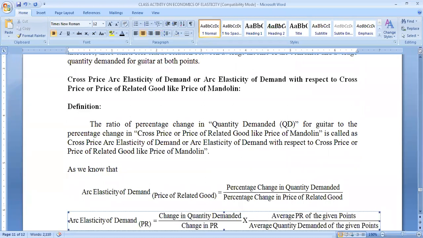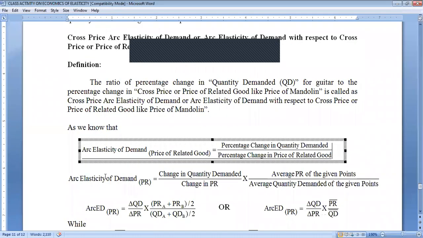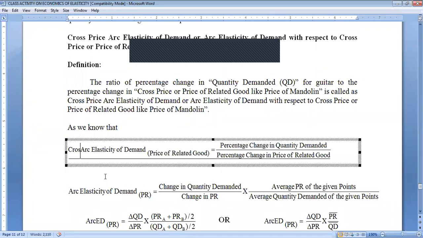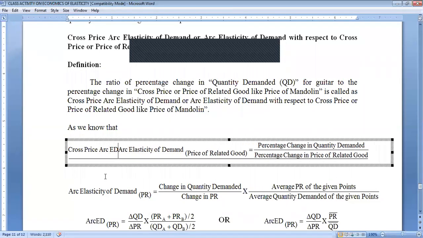As we know that arc elasticity of demand, let us write over here, cross price arc elasticity of demand, right?